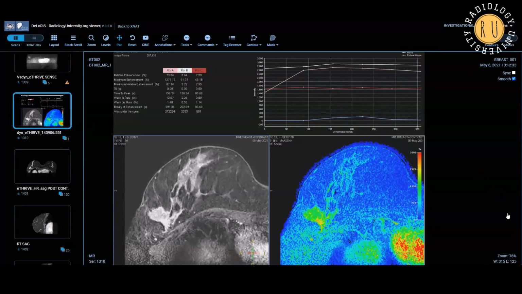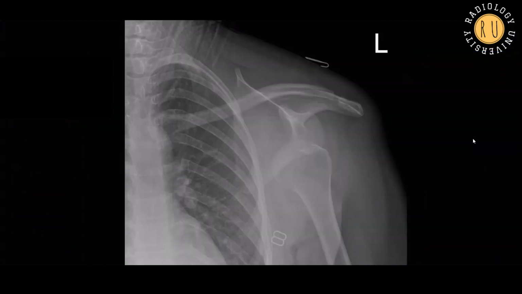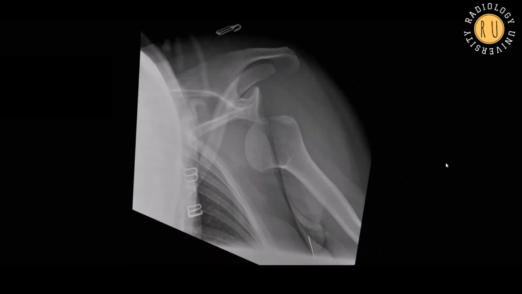Good. This is the AP view of the left shoulder. I see the left humeral head is inferiorly displaced. Ideally, I would also like to look at a wide angle view and the lateral view.